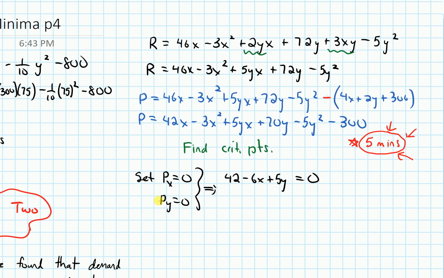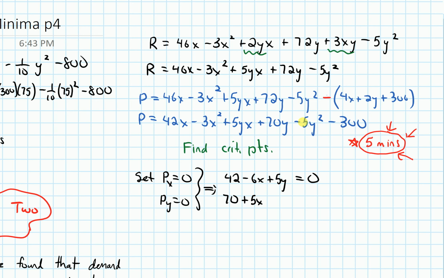So now the partial with respect to y. For the first term, that would be 0. And for the next term, because neither one has a y in it, for the third term, we'd get 5x. For the next term, we'd get 70. In fact, let me rearrange the order. Let me write the 5x underneath the minus 6x, and the 70 I'll put in front, just so I can line up similar terms directly underneath each other.